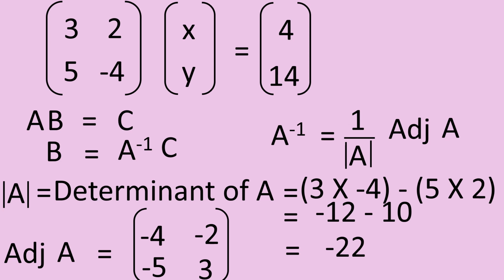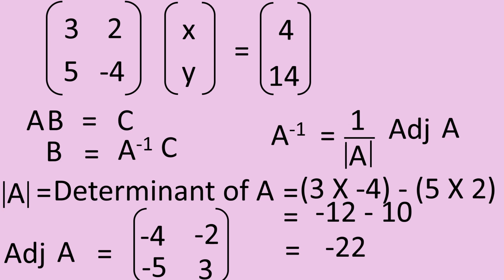Exchange where 3 and minus 4 are, and we can see that as shown. Then where we have 5 and 2, we retain them where they are. However, we change their signs. 5 is positive, we change it to negative. 2 is positive, we change it to negative. What we have is we have successfully provided the adjunct of A.